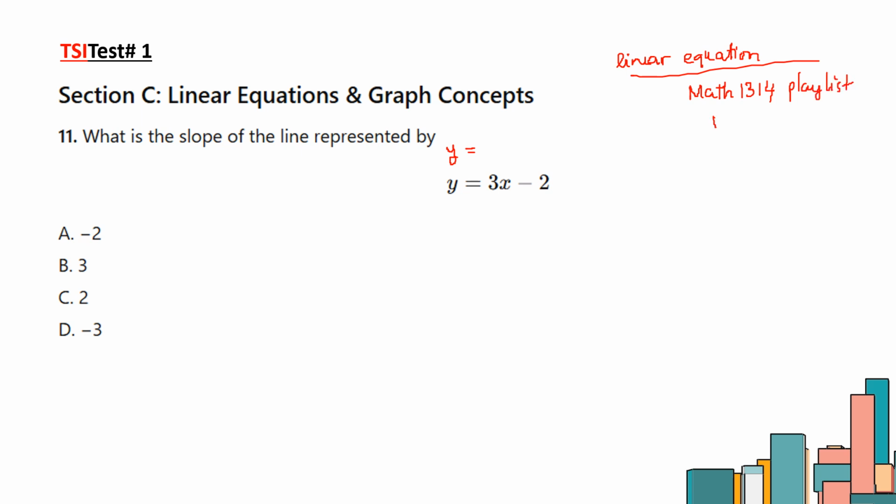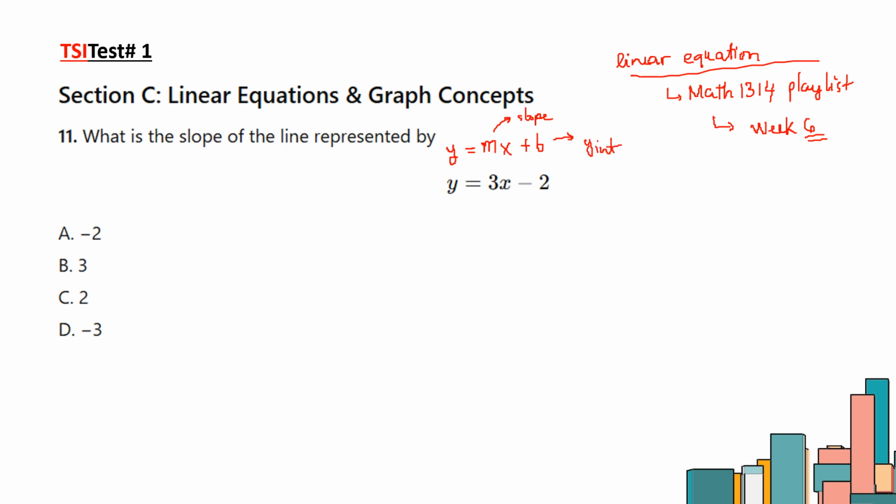This will be in week 6. Okay, so y equals mx plus b, and then m in this case is the slope, b in this case is the y-intercept.